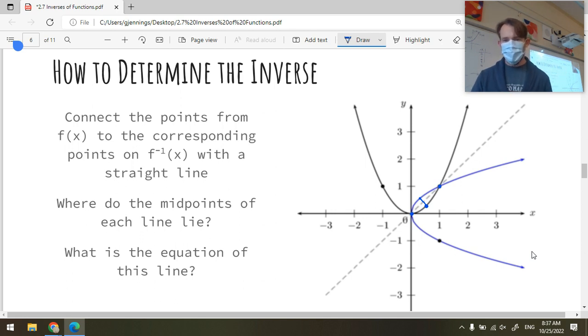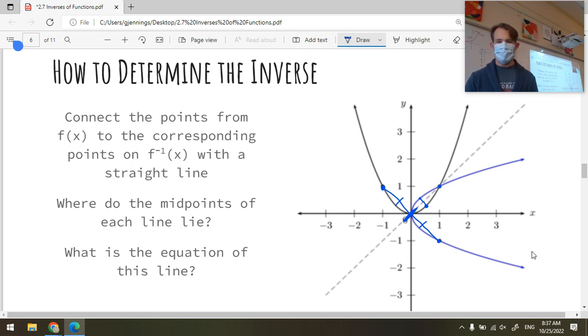If I go here to negative 1, 1, we knew that negative 1, 1 mapped to 1, negative 1 over here. So if I connect those points with a line and divide it in half, the midpoint is on y equals x.